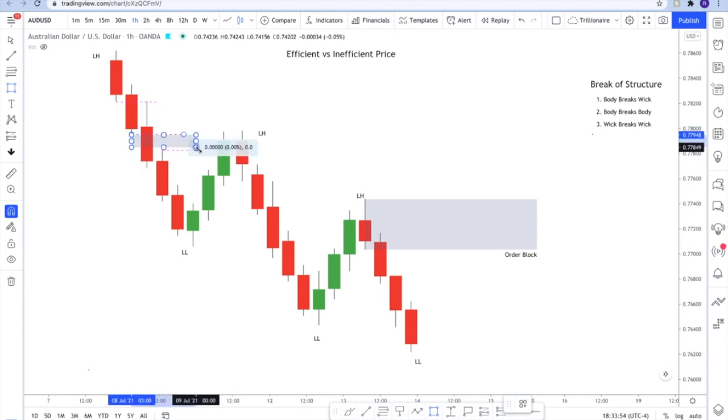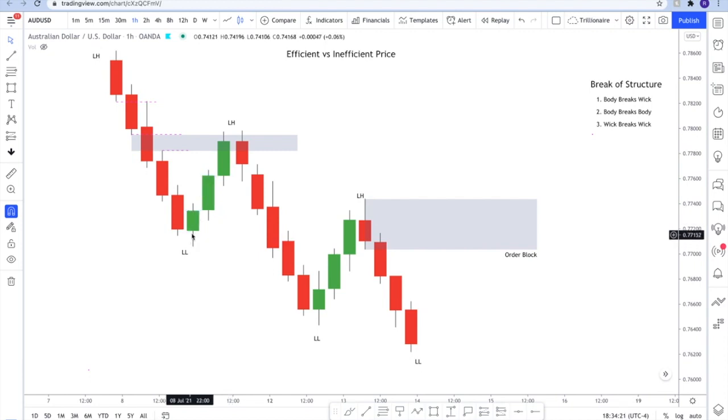This space right here, where the buyers do not come back up to mitigate the sellers, this space right here is pure sellers. There's only selling action going on within this area, which means price is inefficient, which means that price has to come back and mitigate this area.